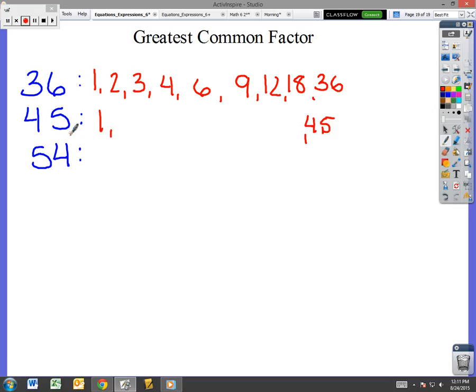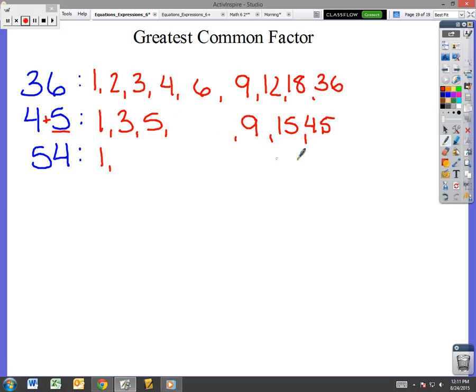We have 2 doesn't go into it because it's even. 3 will because 4 plus 5 is 9. So 3 and I believe 15. 4 won't go into it because it's even. 5 will because it ends in a 5. We have 5 in one place, so it's 5 and what is that, 9? 6 won't go into it because 2 and 3 don't go into it. 7, no. 8, no, it's not even. 9, yes, 9 will. And we already have 9, so we're done with that.